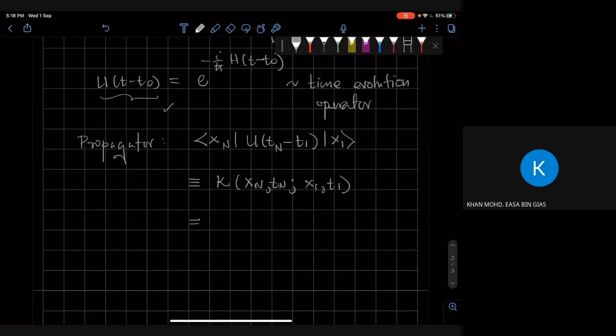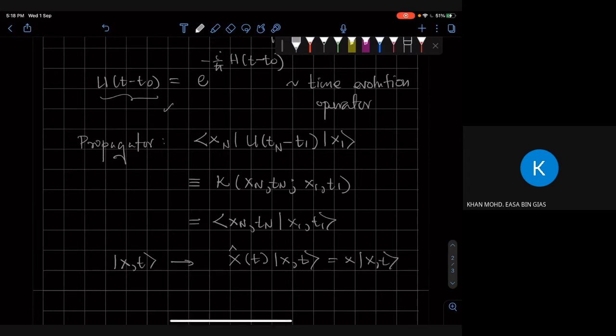Now you asked a very good question last time, and this thing can be written in the Heisenberg picture as the bra of xn at tn with the ket of x1 at t1, where the state |x,t> is the eigenstate of the time-dependent position operator at time t, whose eigenvalue is given by x.